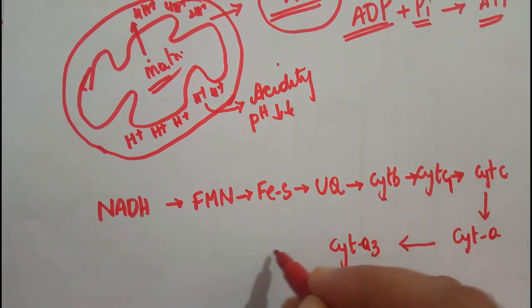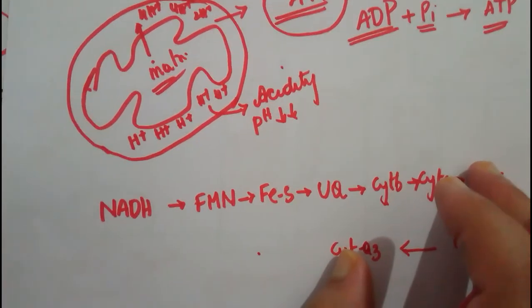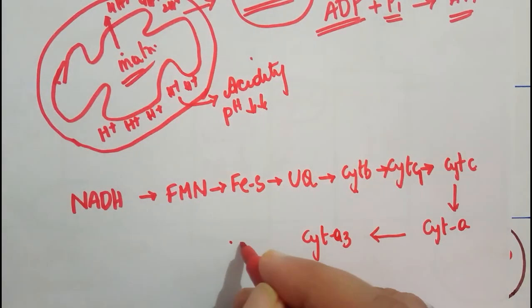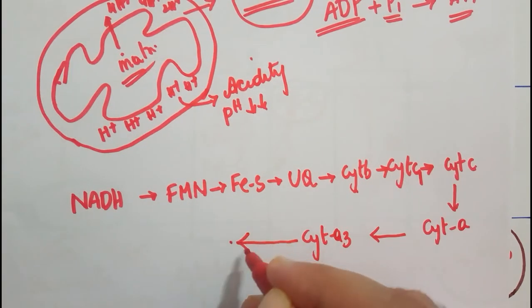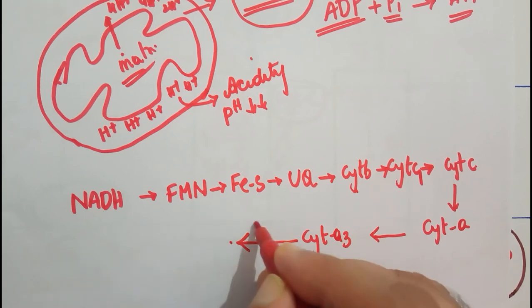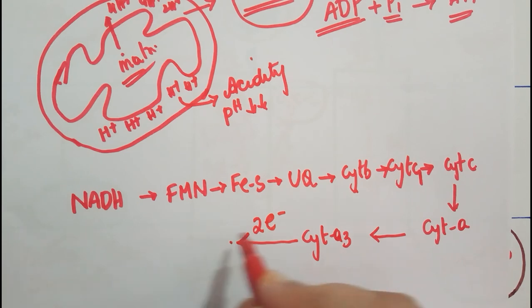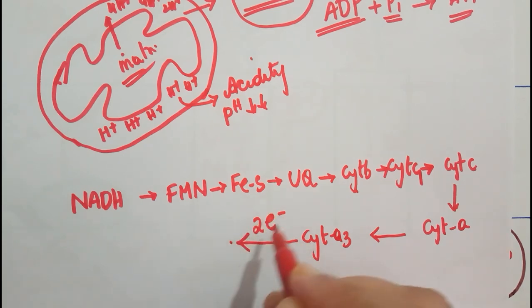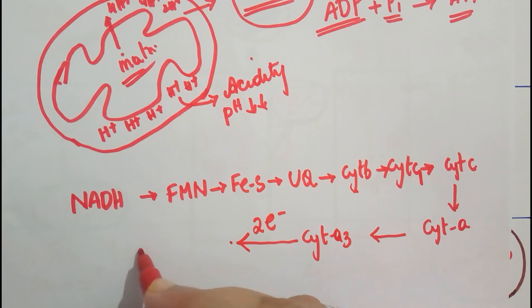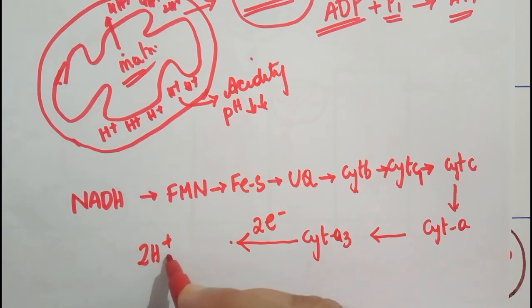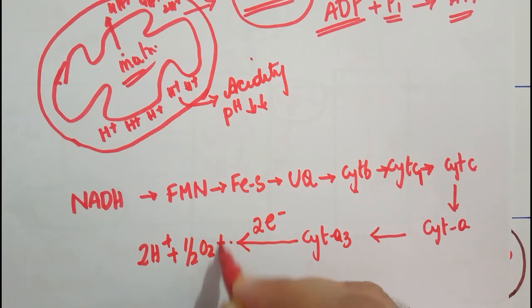From cytochrome A3 it is finally accepted by oxygen. These two electrons, which can be either from NADH or from FADH2, are finally accepted by oxygen. So plus half oxygen plus these two electrons will give rise to a water molecule.